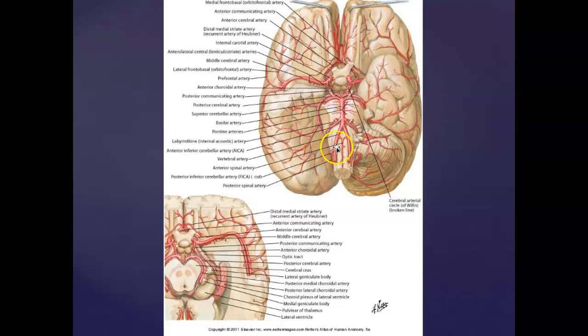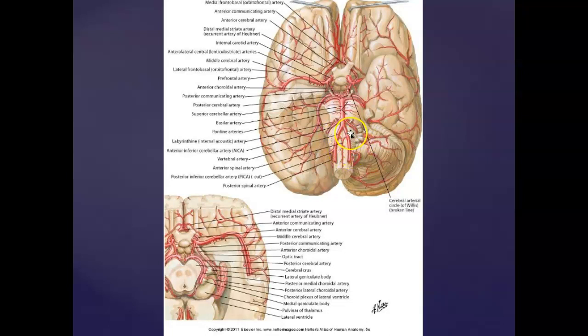Pretty easy so far. As we continue up the vertebral arteries, they each give a branch off that joins in the center of this anterior portion of the brainstem and then continues down the spinal cord. These are the anterior spinal arteries, and they join together here. So again, branching off from each of the vertebral arteries, coming down the ventral aspect of the spinal cord.